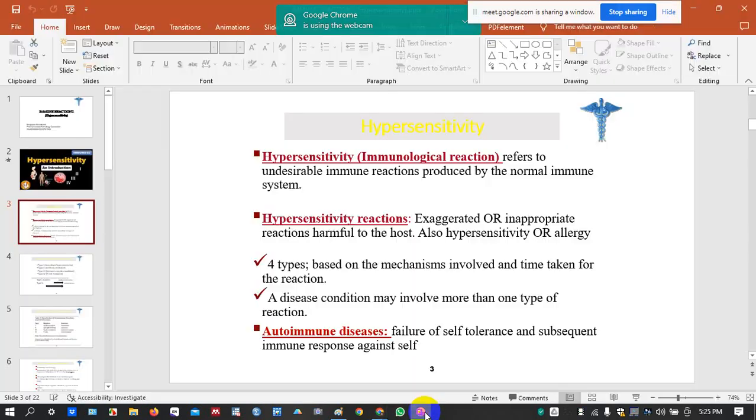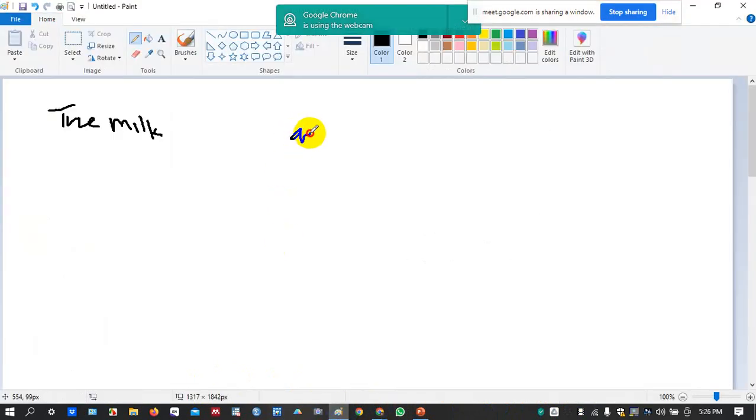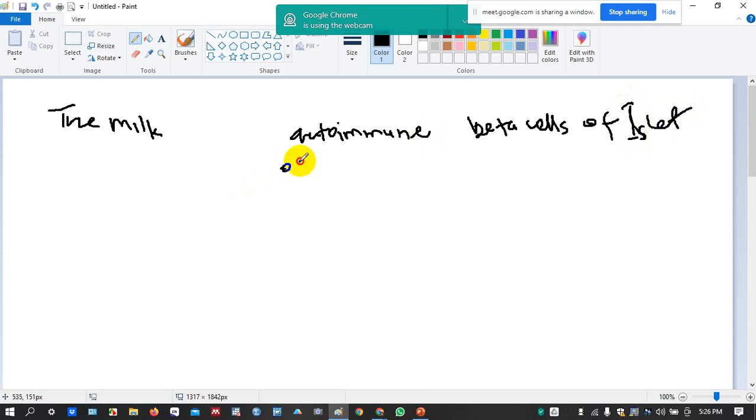So in such situations, for instance, we would like to know why in diabetes type 1 there is an autoimmune destruction of the beta cells of the islet of Langerhans, that's pancreatic cells.